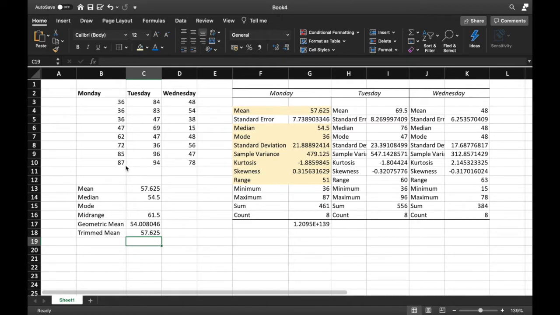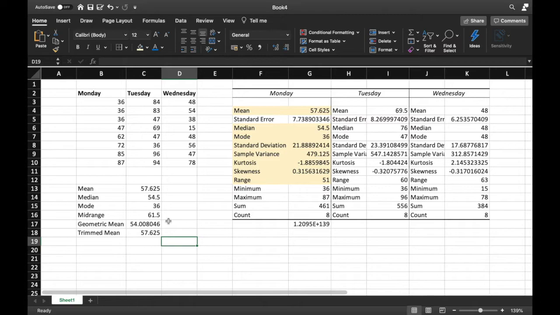Now, the questions surrounding these measures of center would be, number 1, do the measures of center agree? So let's say here with the mode 36, we see that there are differences in the numbers. For mean, we have 57.63, median is 54.5, mode is 36, mid-range is 61.5, geometric mean is 54, and trimmed mean is 57.625.